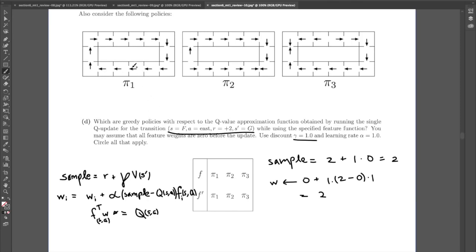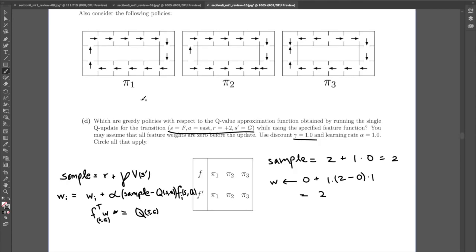Basically, it means that for each state, you would look at what is the action which has the highest Q value for that state, and a greedy policy would have to take that action. In the case where there's a tie, it's possible that the greedy policy could take either one of the actions that is tied for the highest Q value, but it cannot take something which is below the highest Q value.